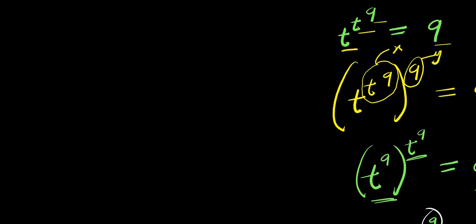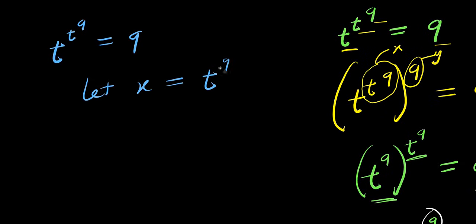So let's solve it using natural log of t^9 = 9. So I can say let x = t^9. If x = t^9, I can solve for t by eliminating 9 here.